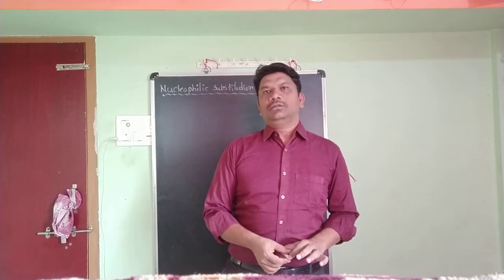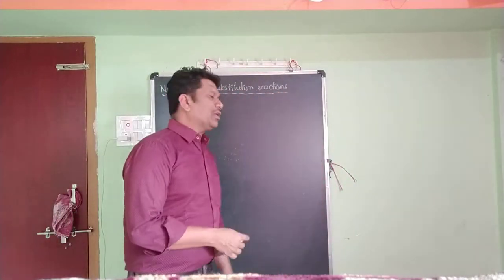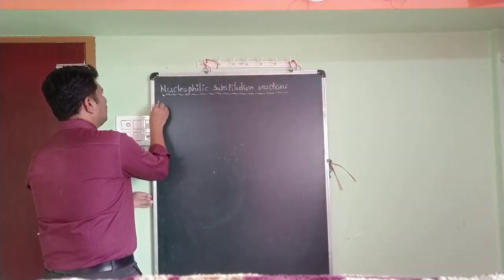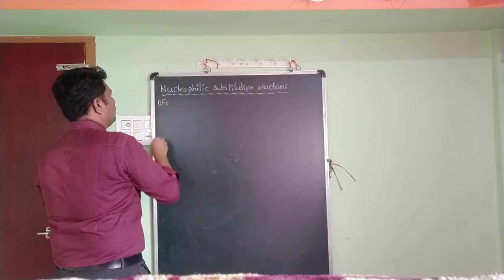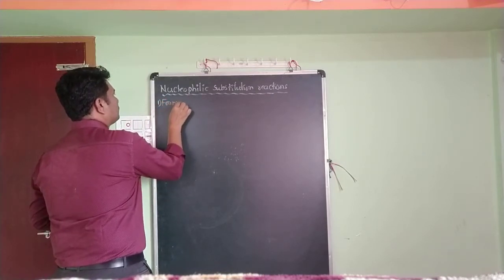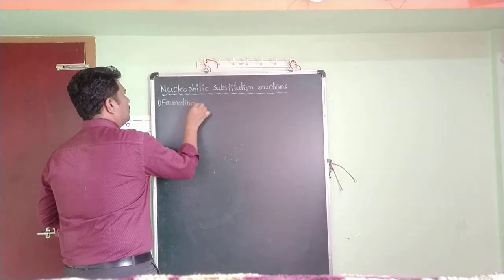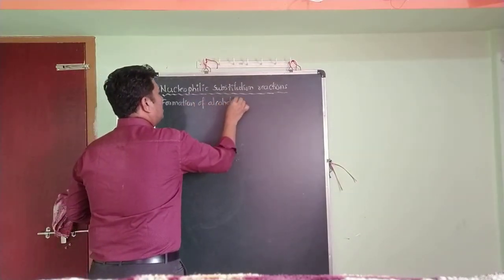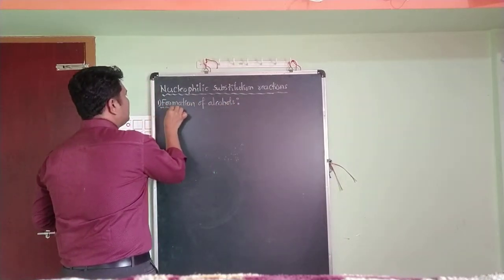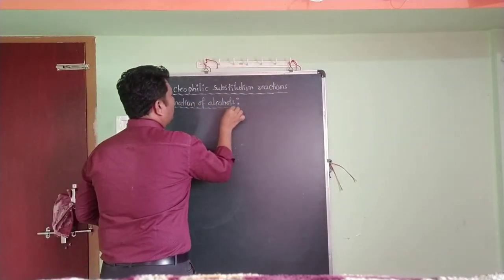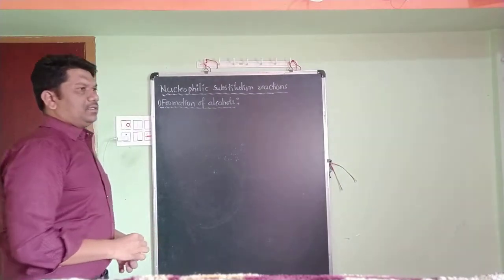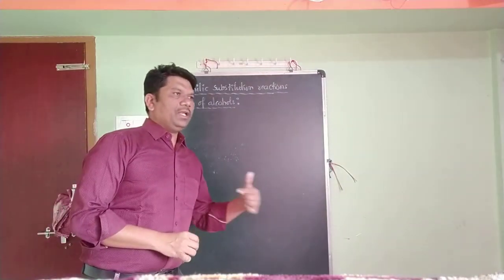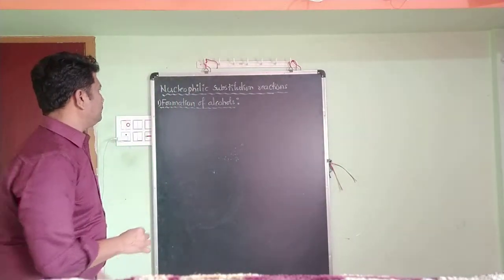So first example is formation of alcohols. Formation of alcohols is an example of nucleophilic substitution reaction. We'll see how a weak nucleophile is substituted by strong nucleophile here.